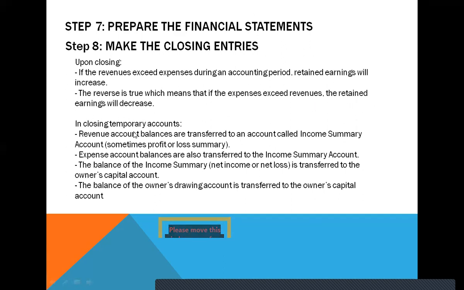In closing temporary accounts, revenue account balances are transferred to an account called income summary account, sometimes profit or loss summary. Expense account balances are also transferred to the income summary account. The balance of the income summary, net income or net loss, is transferred to the owner's capital account. The balance of the owner's drawing account is transferred to the owner's capital account.